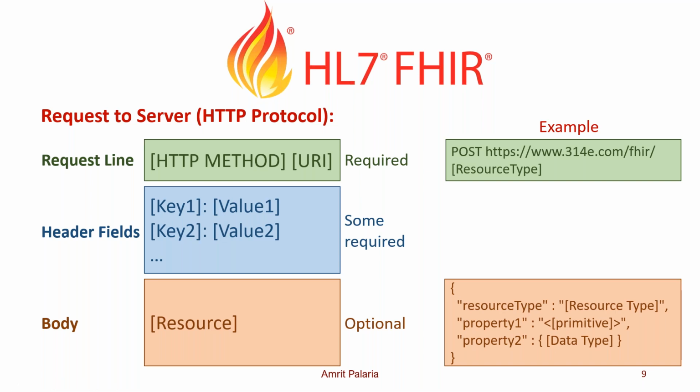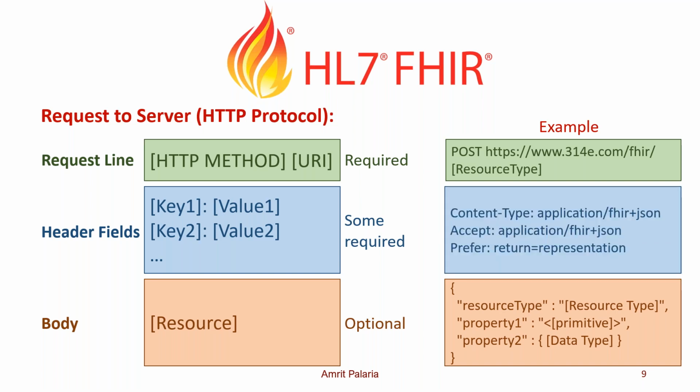It's an HTTP verb which says that I'm creating a resource. And then you define your URI, which is basically the address of your resource. So you're telling the server that this is where I want to post this resource. And as I said, we will see how this address, how the URI is constructed, is something that the FHIR standard prescribes. And then the other thing that you provide are the header fields.